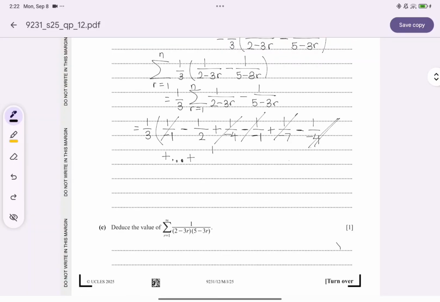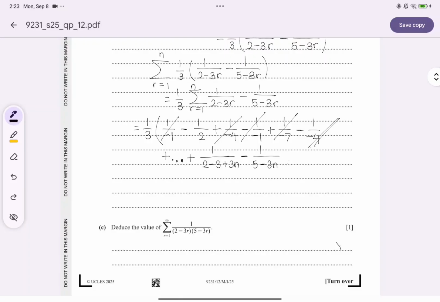Okay, now let's just continue the summation and stop at r equals n minus 1. So substituting that, we'll get 1 over 2 plus 3n minus 3n, minus 1 over 5 minus 3n plus 3.